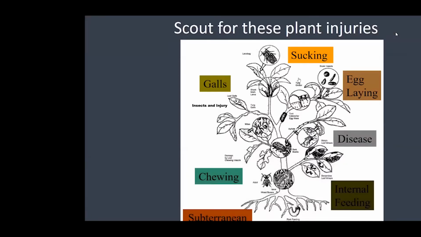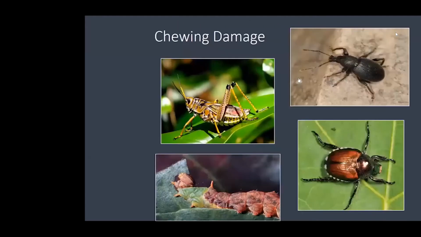So we talked about diseases. So a little bit of examples of these injuries for chewing. And so here at the bottom right is an example of a Japanese beetle that actually shows chewing damage. So oftentimes when we're out in the garden, we don't see these insects firsthand, right? We often have to play a little Sherlock Holmes and see what damage is actually caused by these insects.